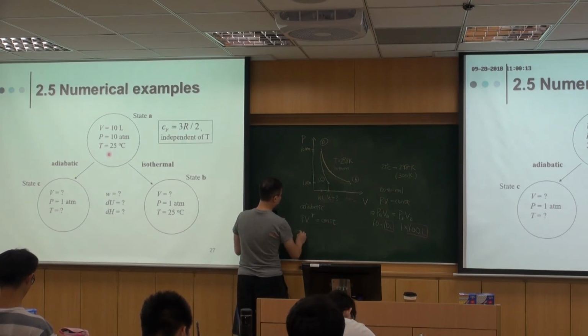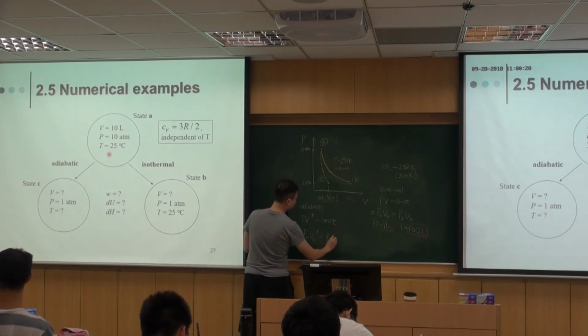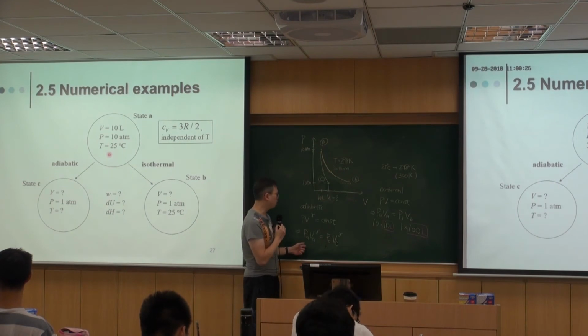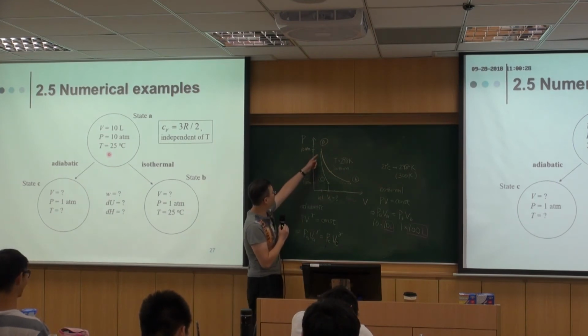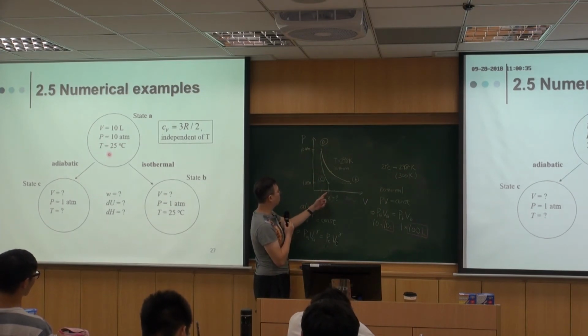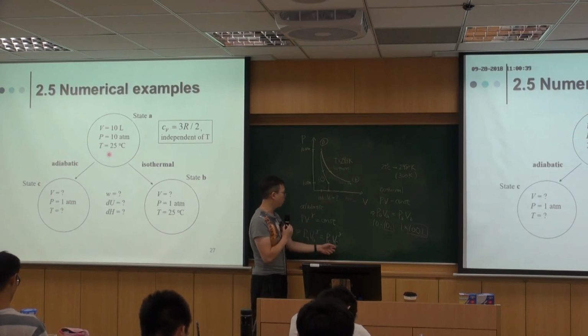Therefore, we know PA VA to the gamma equals PC VC to the gamma, and this is true for any points along this process line. And the only unknown here is this volume.